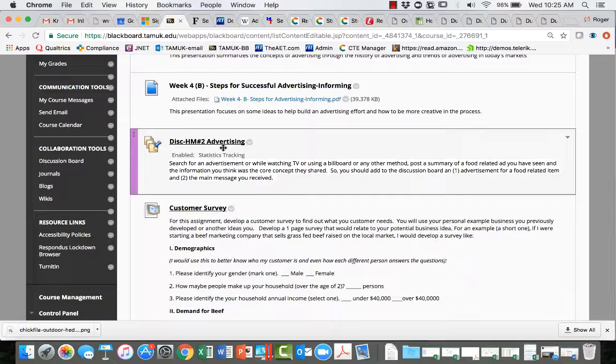Now, number 2 is going to be about the message that you receive. The message is going to be something like, what was the value item you saw out of the ad? In other words, you saw an ad that related to a soup commercial. And as that soup commercial was going on, you saw part of that ad that really got to you. In other words, it showed value.